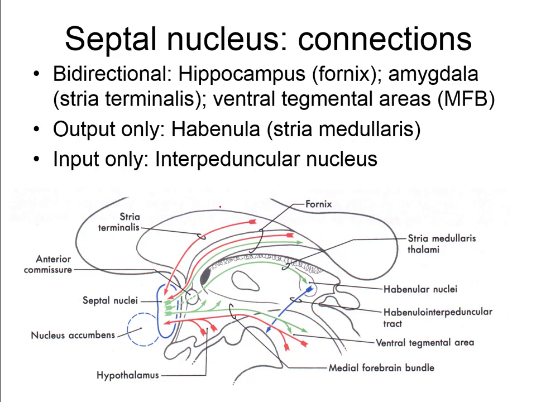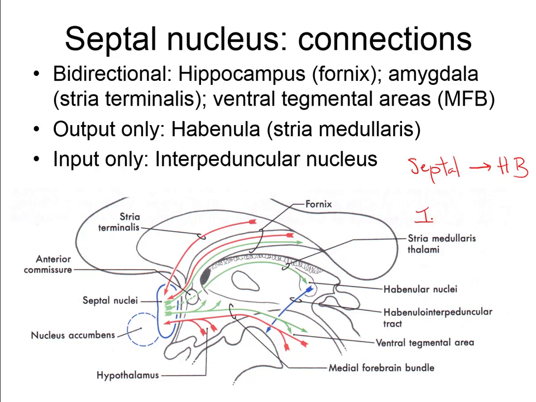Okay? They go to the amygdala, again by looping around via the stria terminalis, and the ventral tegmental area, and for that they use the median forebrain bundle. Okay? Remember, we talked about that coming in and out of the amygdala and traveling down. There are fibers that go to the habenula, because the habenula is a lot like hypothalamus, and there's input from the interpeduncular. So what do we have there? So we have septal to the habenula.